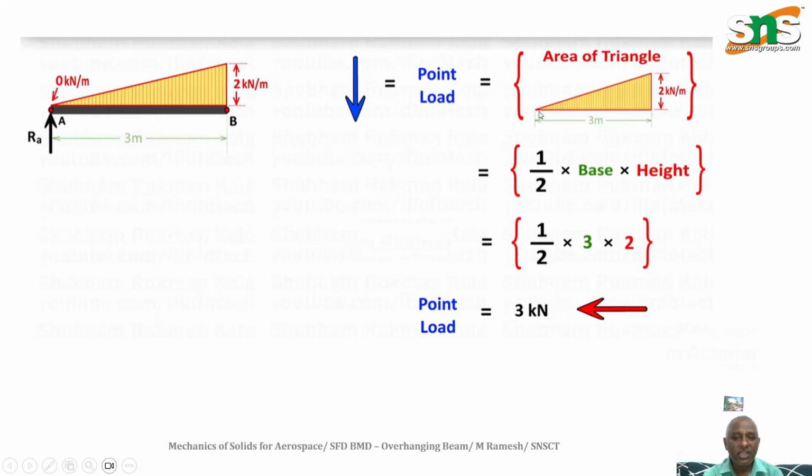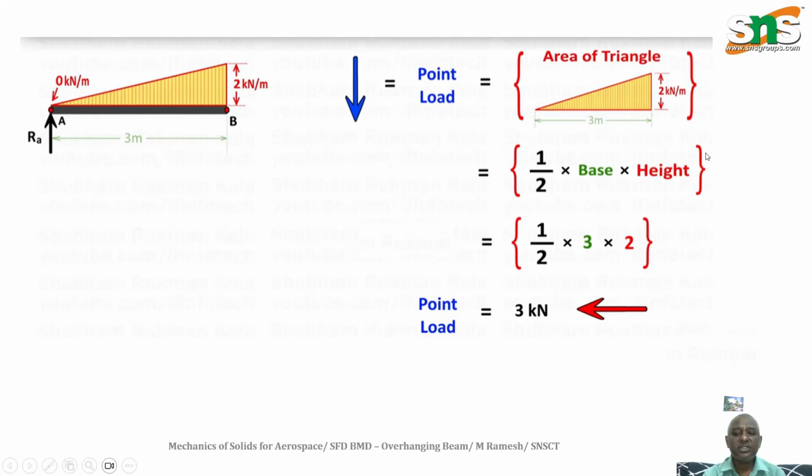The total length is 3 meter and the vertical height is 2 kN per meter. The area of the right angle triangle is half into base into height. Base is 3 meter, height is 2, so by calculation we get the point load as 3 kilonewton.